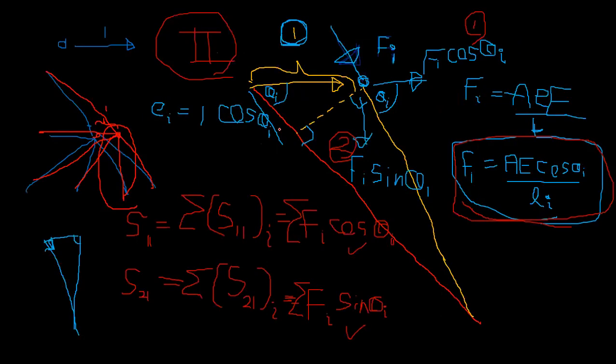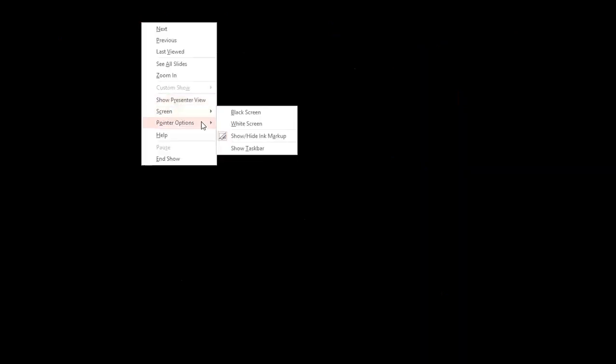So we can determine the S11, which is sigma. There are 6 members, right? So you have to sum these. This is sigma.